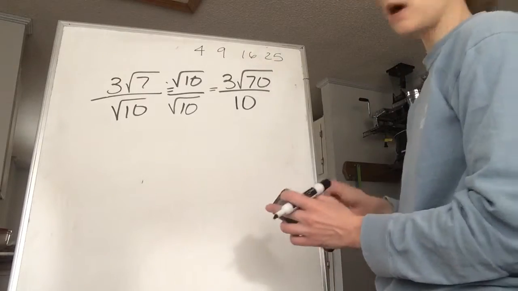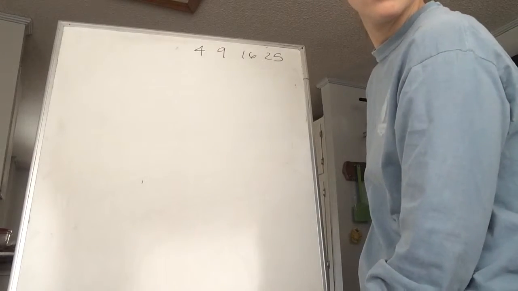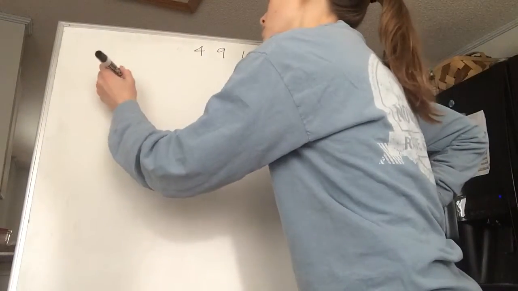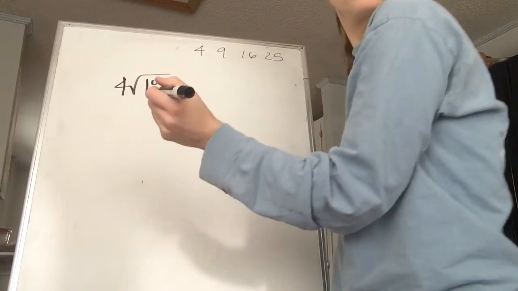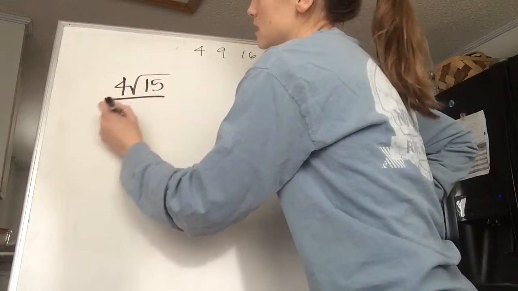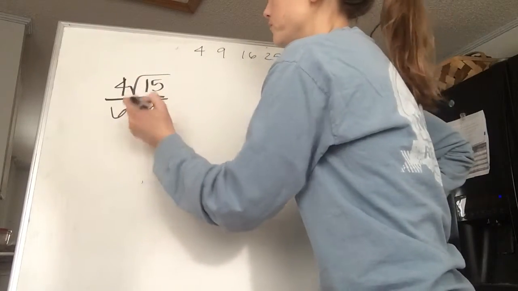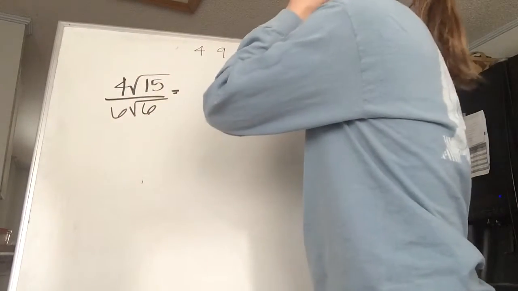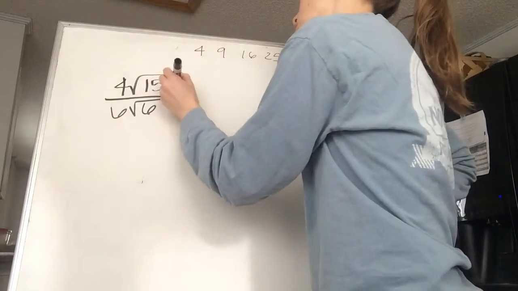Okay, number 9. So 4 square root of 15 over 6 square root of 6. Okay, so let's go ahead and multiply by the square root of 6.